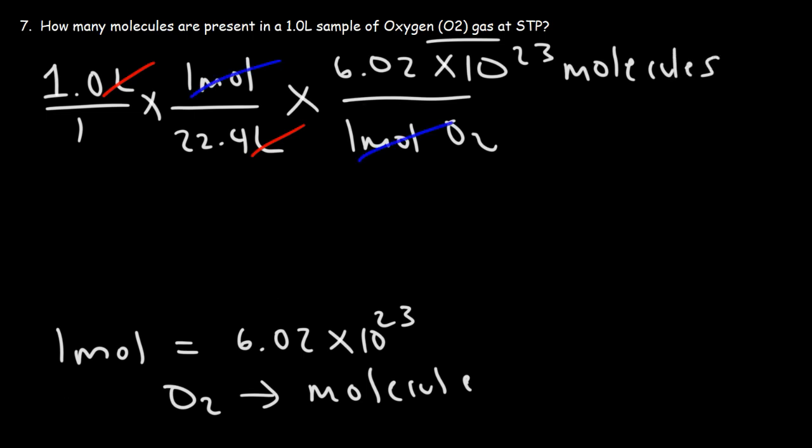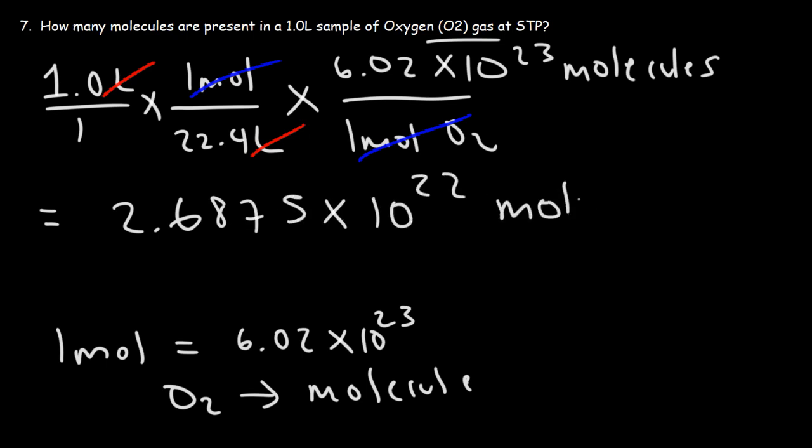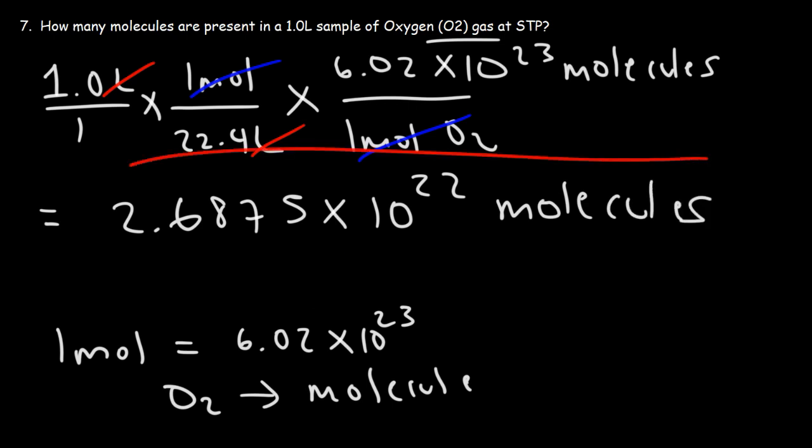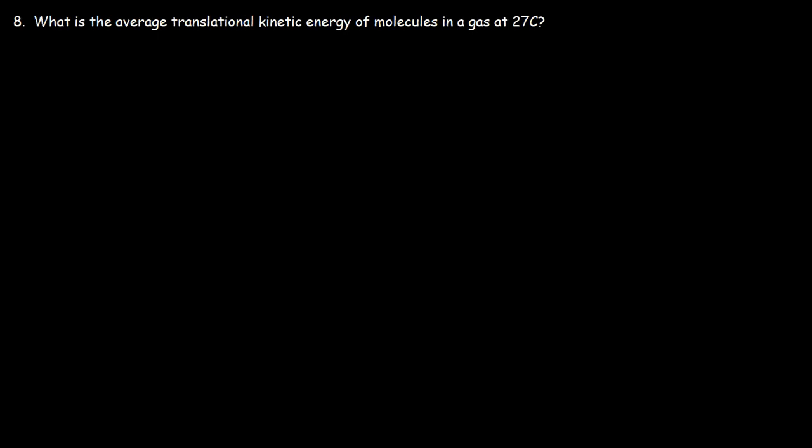So the unit moles will cancel. So now let's do the math. It's going to be 1 divided by 22.4 times Avogadro's number of 6.02 times 10 to the 23. And so you should get this answer, 2.6875 times 10 to the 22 molecules. So that's it.